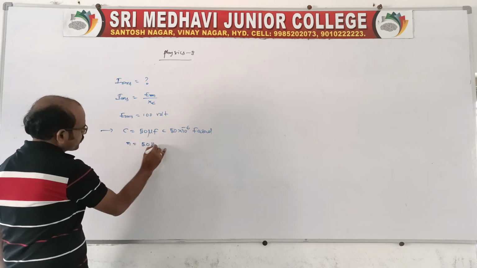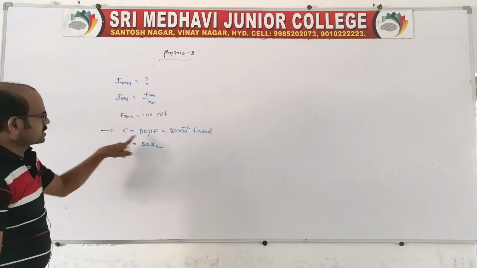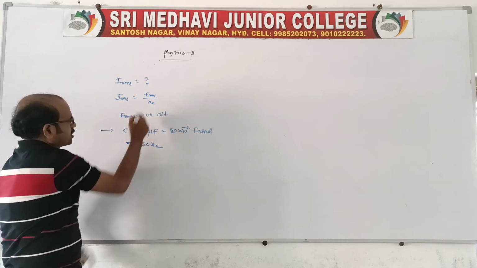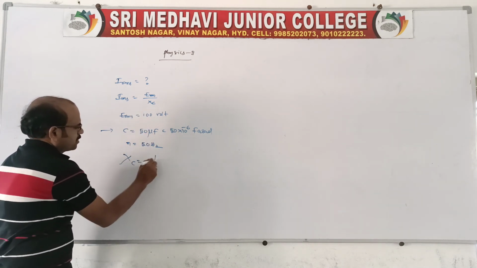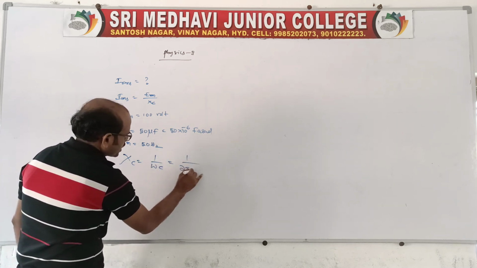Now XC we don't know, because E we know, C is given, frequency is given, but we don't know XC. XC is nothing but 1 by omega C, therefore 1 by 2 pi n into C.